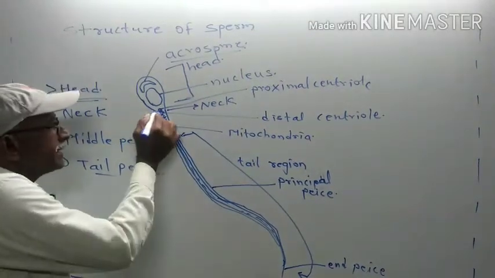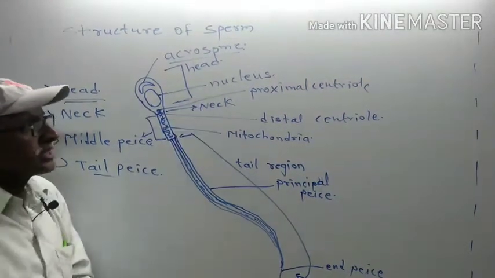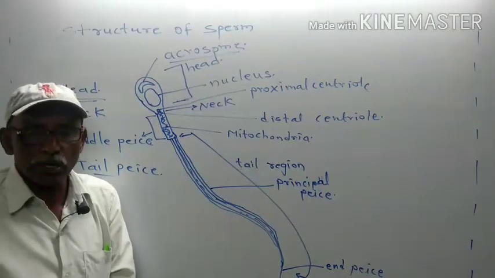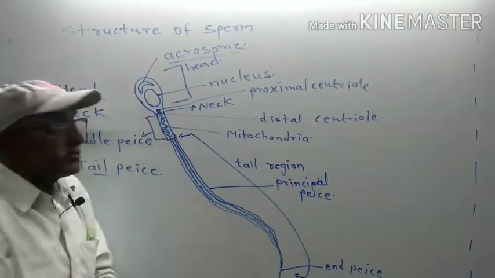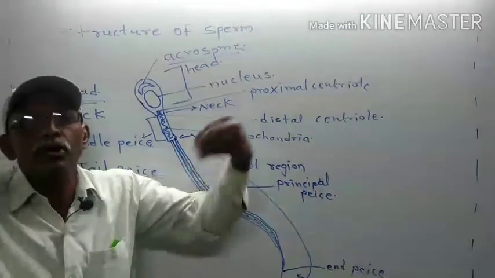Then neck region. In the neck region there are two centrioles. The upper one is called the proximal centriole, and the lower one is called the distal centriole. If we see the structure of the ovum, the centriole is absent in it.